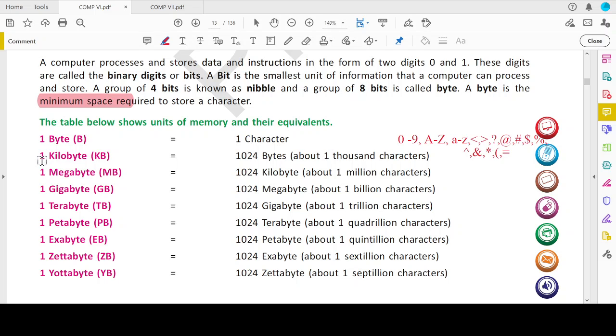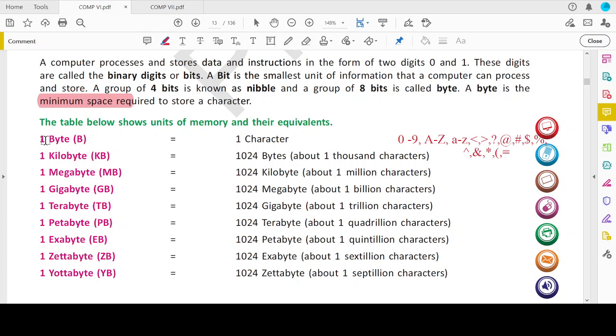Now, what is a kilobyte? It is 1024 bytes. What is a megabyte? It is 1024 kilobytes. What is a gigabyte? It is 1024 megabytes. What is a terabyte? It is 1024 gigabytes. So like this, the bigger the level of unit you go, you just multiply it by 1024.